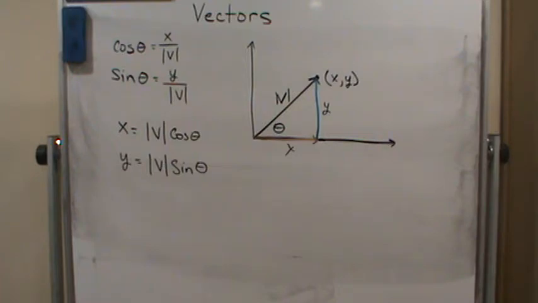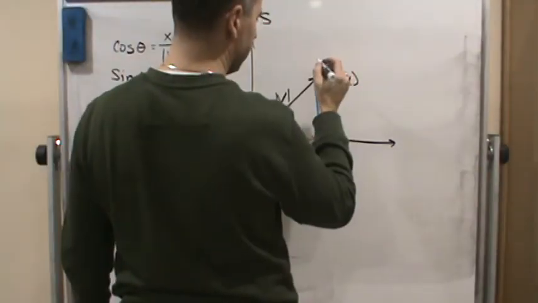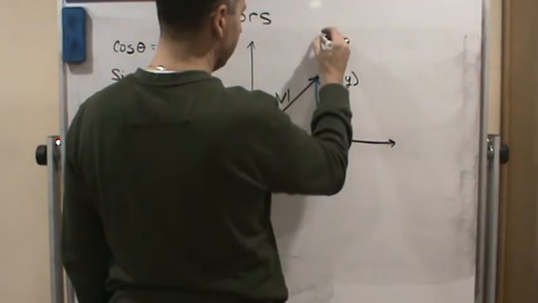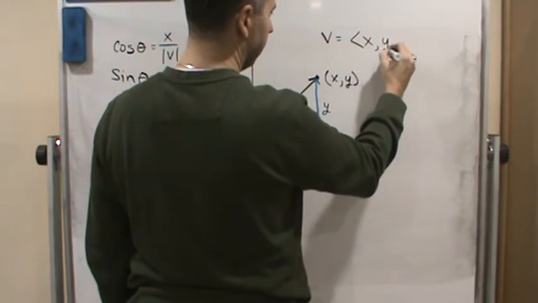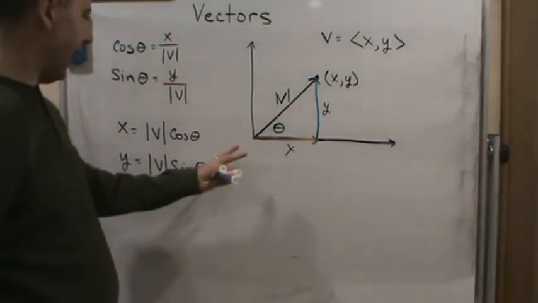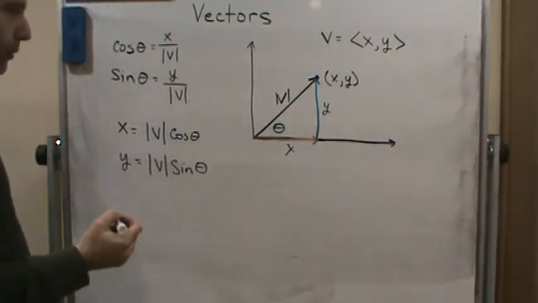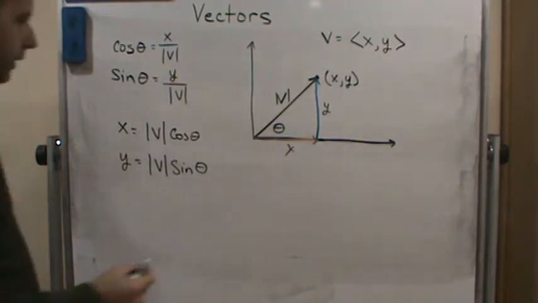Now, see, this is in standard position, so let me back up a little bit. Let me write here, v is equal to x comma y, so there's the vector, it's a position vector. Now, how do we represent this? Well, we represent the vectors in component form.